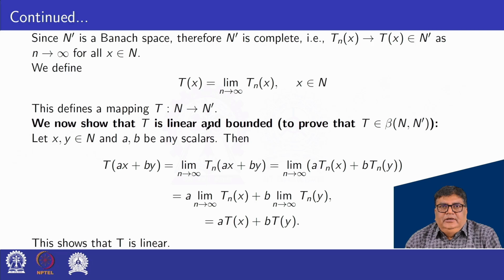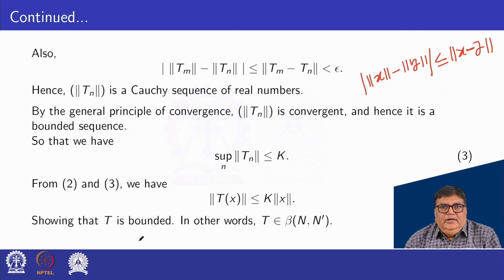So here T is the limit value of Tnx, and we have proved here T is an element of B(N, N'). When N' is a Banach space, and here we prove T belongs to B(N, N'), then T is an element of B(N, N') and B(N, N') is a Banach space.